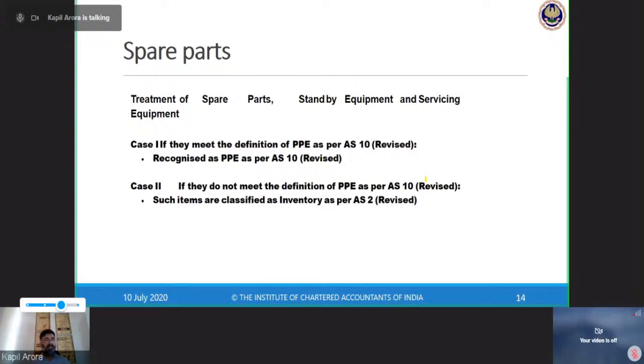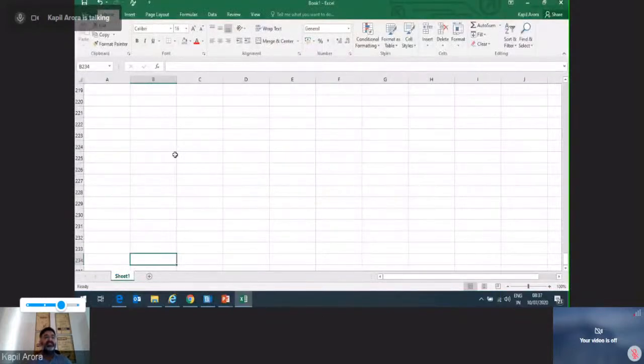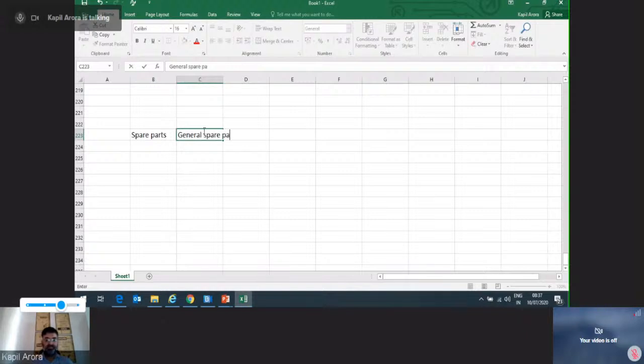Spare parts. So if you remember, in AS2 we discussed that spare parts are of two types. One is general spare parts, which can be used with any machine.